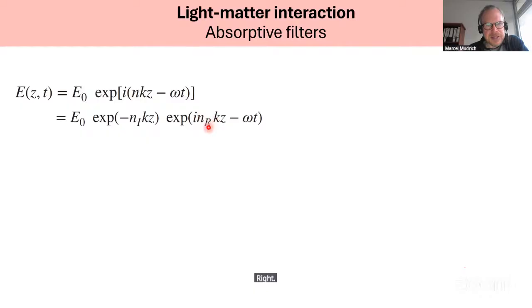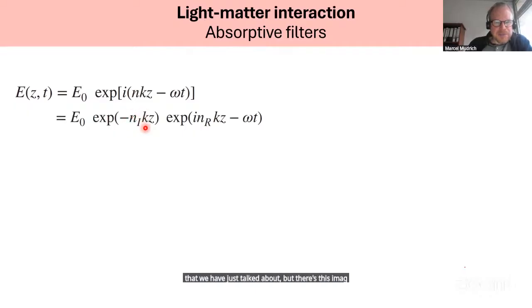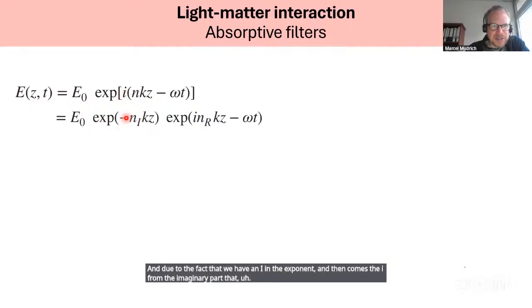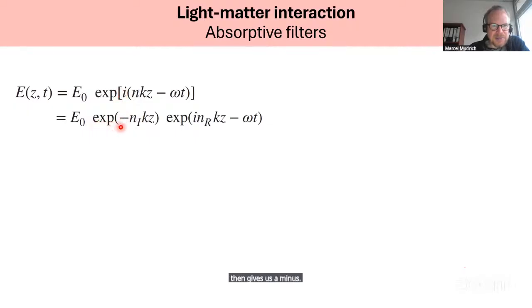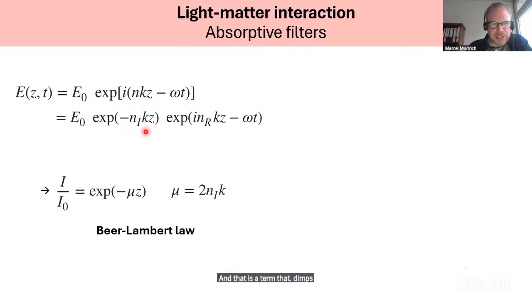The real part is what causes refraction that we have just talked about, but there's this imaginary part also, which was the beta in the delta plus beta representation. And due to the fact that we have an i in the exponent, and then comes the i from the imaginary part, that then gives us a minus. So we get a term e to the minus nkz. And that is a term that damps the amplitude exponentially.